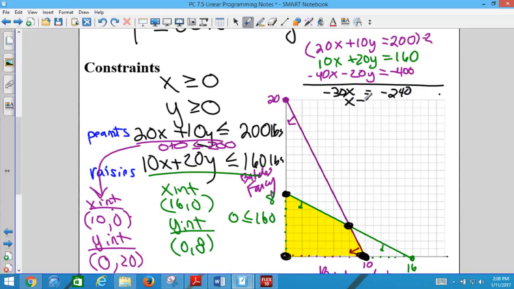So x equals 8. Then plug 8 into one of these equations. I'll just plug it into the green one. Put 8 right here. So I get 20y is 80, so y is 4.